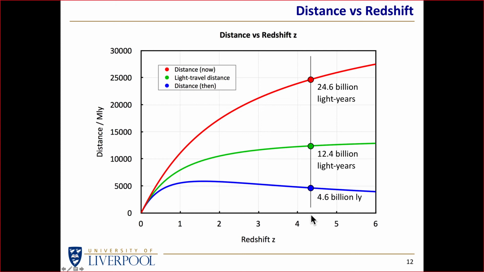One thing we can note from here, the 12.4 billion years that the light has been travelling: if we take the Hubble deep field rather than the Barrett deep field, the Hubble deep field would go beyond a redshift of 4, and it would go out to probably a redshift of about 6 or 7. And that means the look back time, how far back in time we are looking with the Hubble Space Telescope, would put us, because this green line is relatively flat, about 13.5 billion years back.